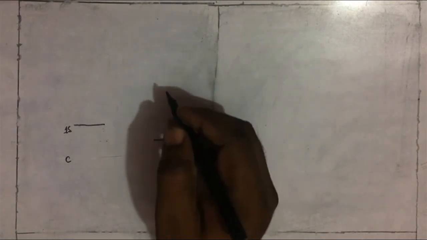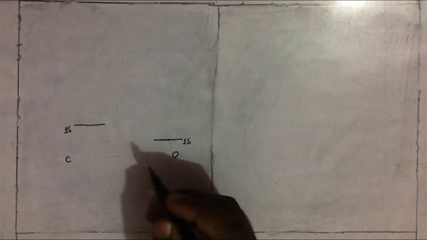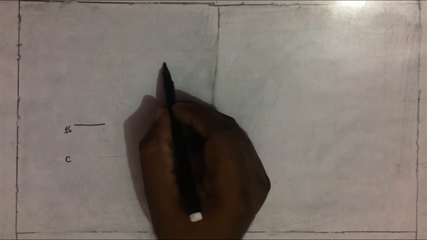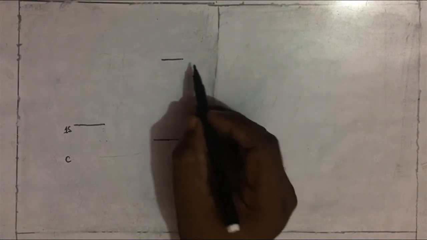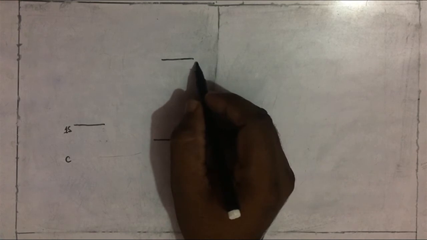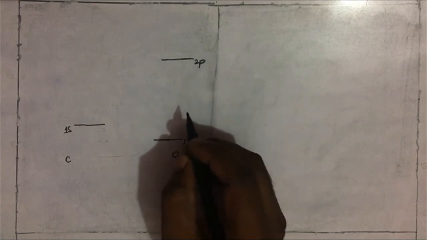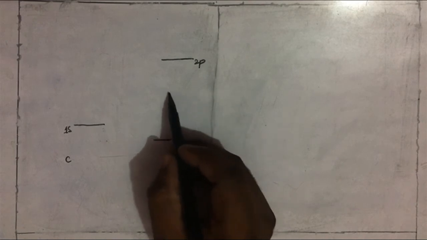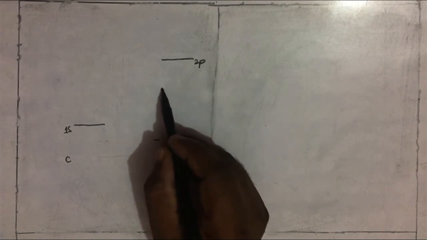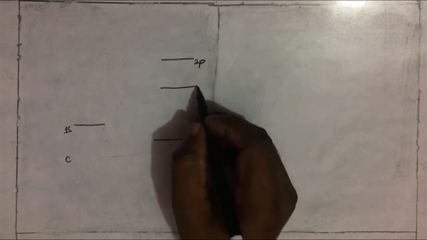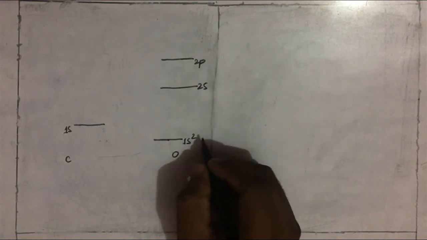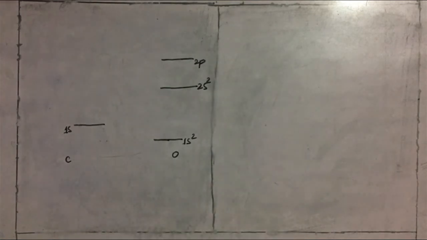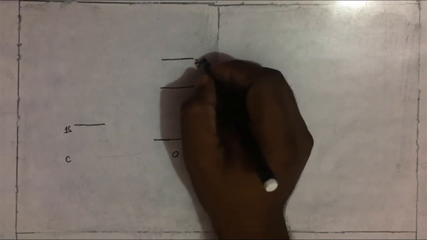And now the other orbitals of oxygen are 2s and 2p. So 1s2 2s2 2p4, total electrons is how much? 8.